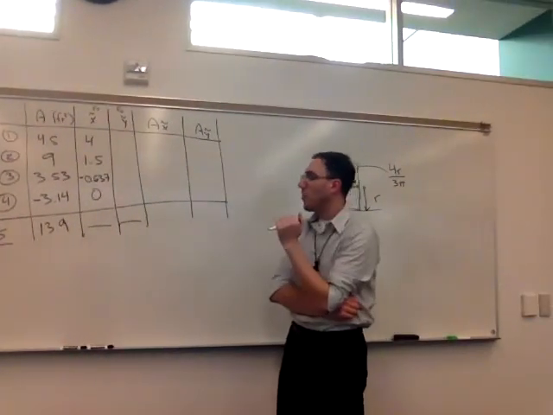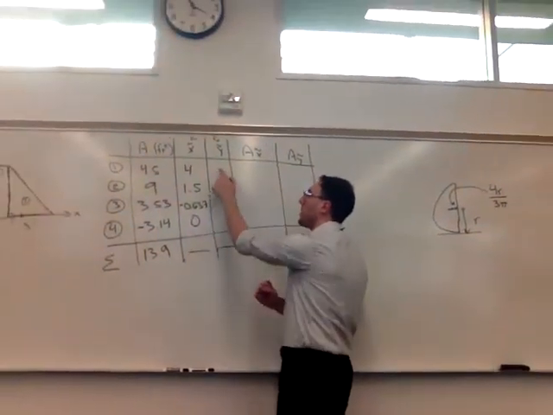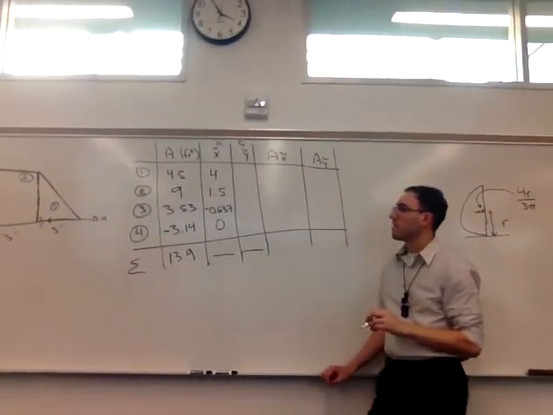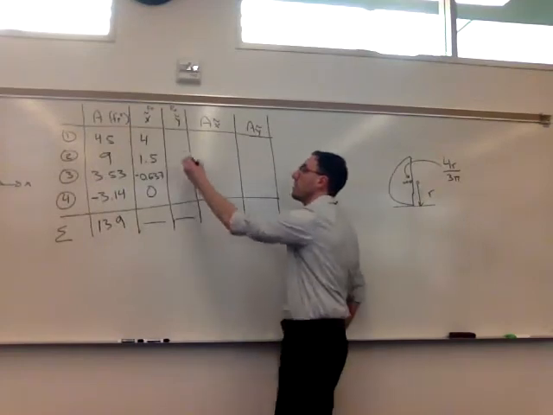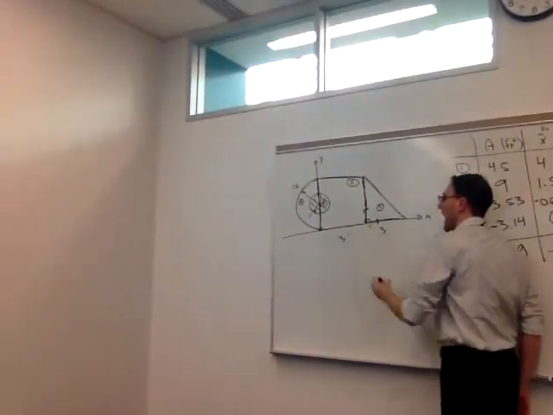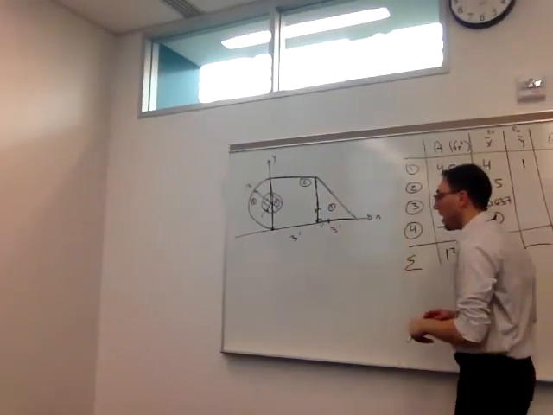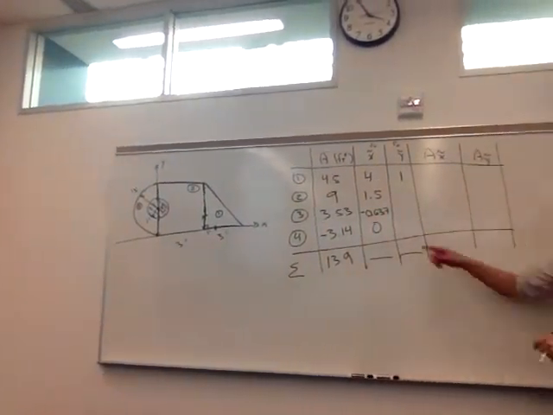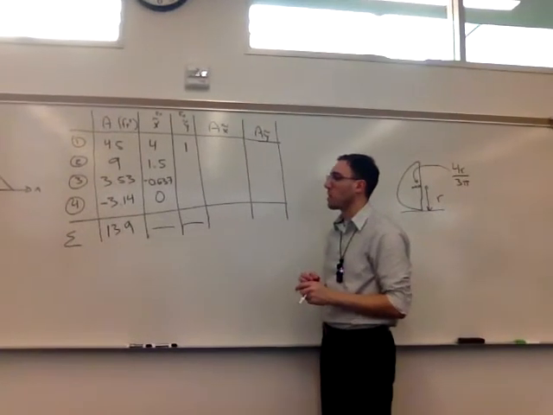All right, so now we can move on to the y tildes. So shape number 1, what's its y tilde going to be? Right, so 1/3 of its height. Again, as measured from the x-axis, which it happens to have its base on the x-axis. Shape number 2, the square.